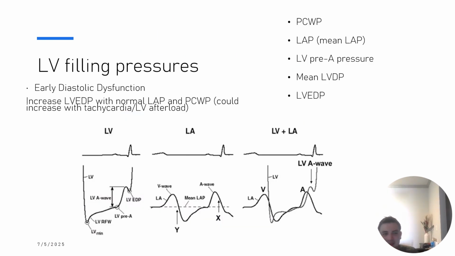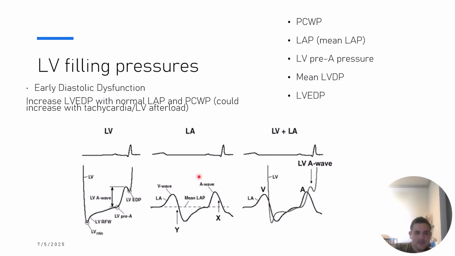What does that mean, LV filling pressures? Many people are confused: does it mean the wedge, the left atrial pressure, the mean LVDP or the LVEDP, left ventricular diastolic pressure or left ventricular end diastolic pressure?